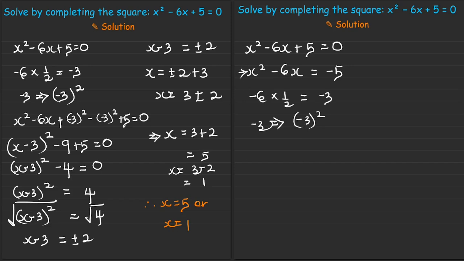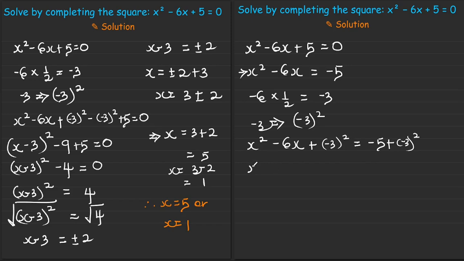So from this end here, we have x squared minus 6x. Then we'll be adding negative 3 all squared to it. And on the right hand side as well, we'll be adding. Take note, it says we should add. The reason why we are actually adding was, in actual sense, we were to add and subtract to the left hand side. But the one who would have been subtracting on the left hand side is moving across the equal to sign. That is why it becomes an addition over here. You see, so we are adding to both sides.